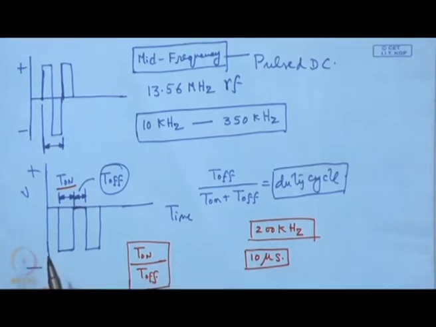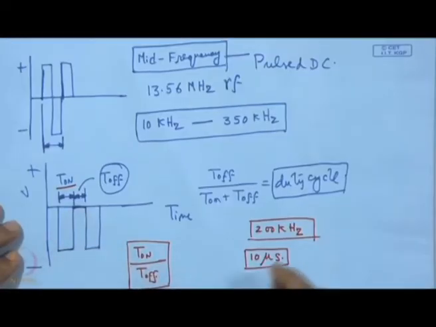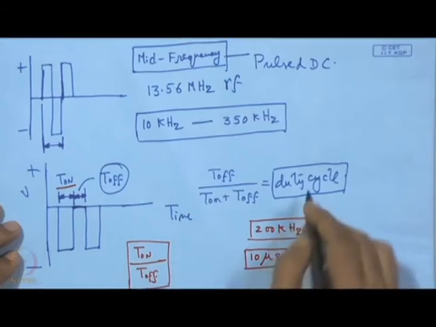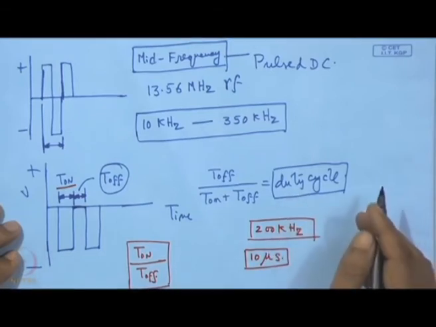So, that is the limit. We should not allow this arc discharge and undesirable unnecessary heating of the target. So, before that we must chop it, and this chopping is done here. So, maybe here we can have 20% duty cycle or 40% duty cycle.